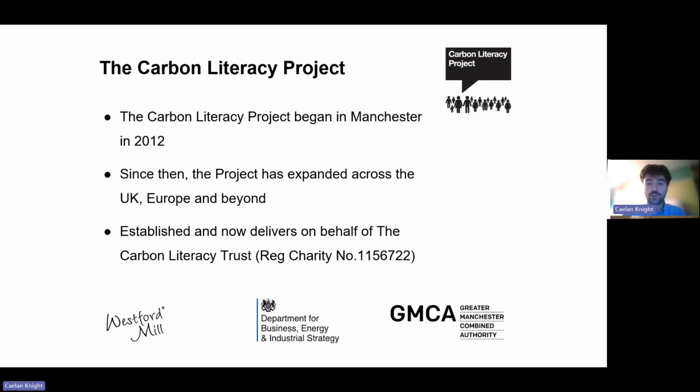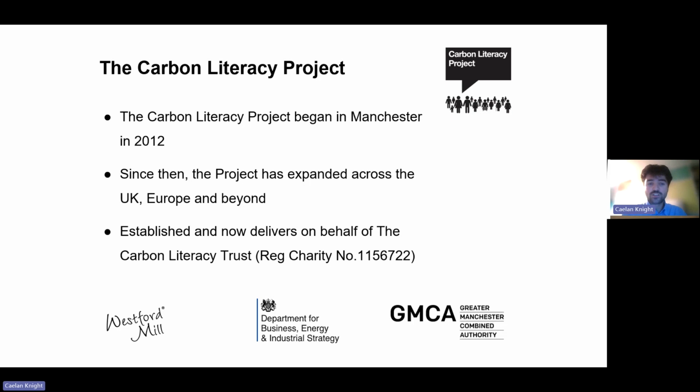So the Carbon Literacy Working Group was created, and they developed what's called the Carbon Literacy Standard, which outlines the requirements for a training course that produces carbon literate individuals. This approach was piloted in Greater Manchester and began the coordination of the Carbon Literacy Project.